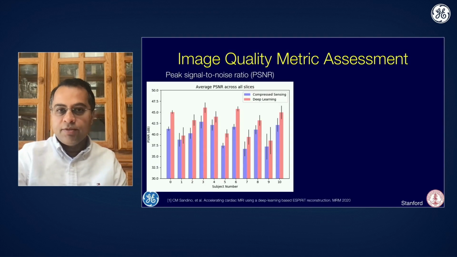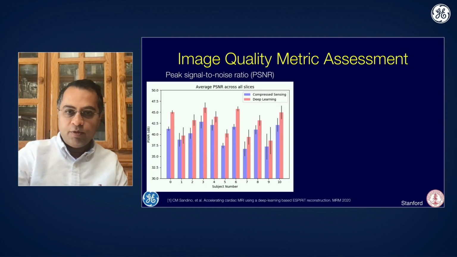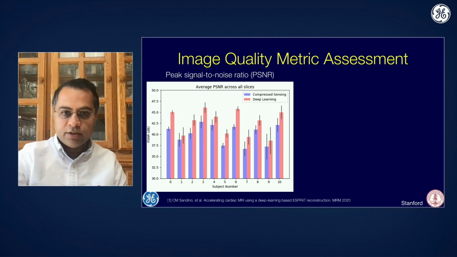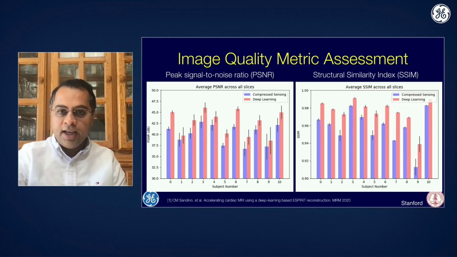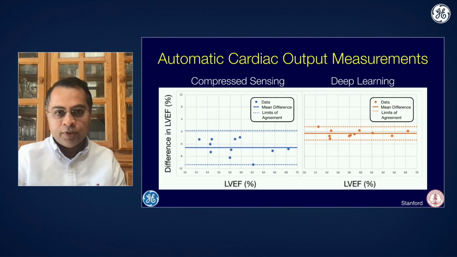We did an assessment of the image quality with this type of approach through various means. One is just looking at PSNR. And so you can see that we get a very nice result with deep learning where we get a higher PSNR than compressed sensing. And similarly, using SSIM as another metric, seeing the good performance again of the deep learning approach.